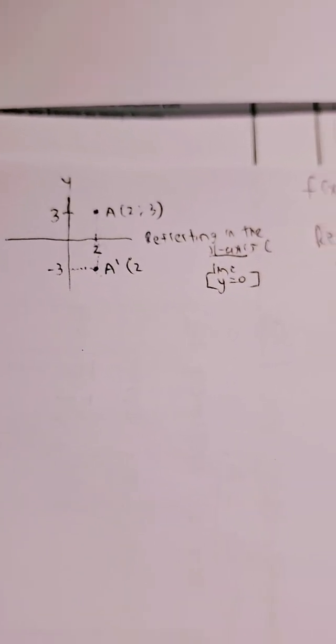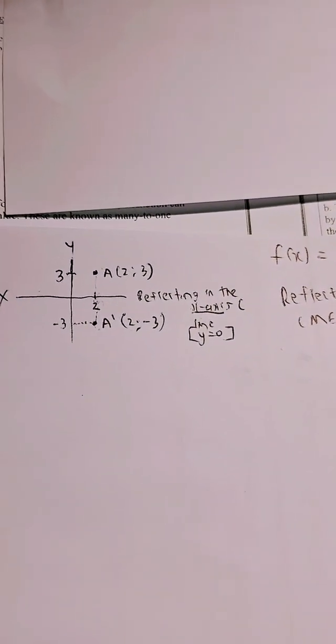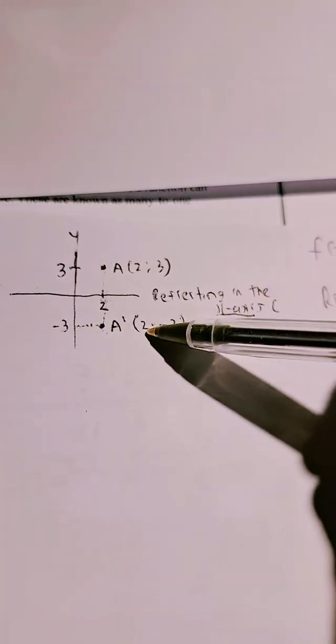So if you are reflecting in such a way, your x value stays the same. What happens to y? The only thing that happens to your y value, guys, is that the y value changes sign. That's all. So this A reflected along the x-axis, your x value stays the same, y changes sign.